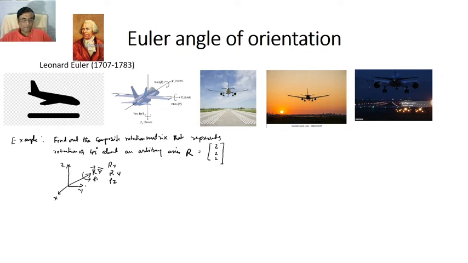Then to get this angle, we projected this vector, say OR, on the xy plane. Okay, and then we rotated about this axis so that the projection of OR would coincide with one of the principal axes.